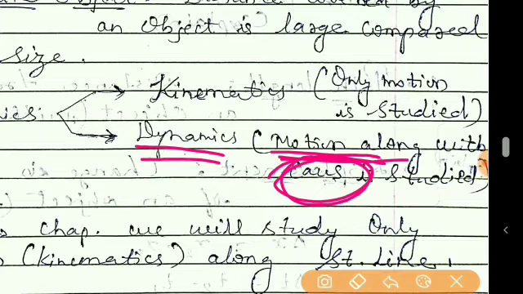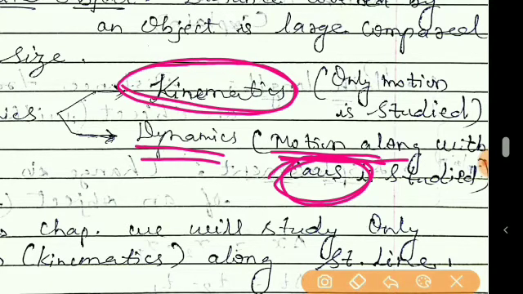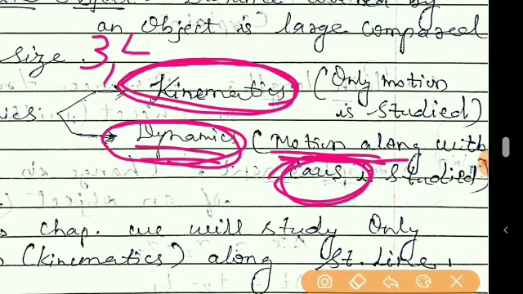So our chapter number 3 and 4 are related to only kinematics, because we are only going to study the motion but not its cause. And after that, chapter number 5, 6 and so on are related to dynamics. But here chapter number 3 and 4 are related to kinematics.